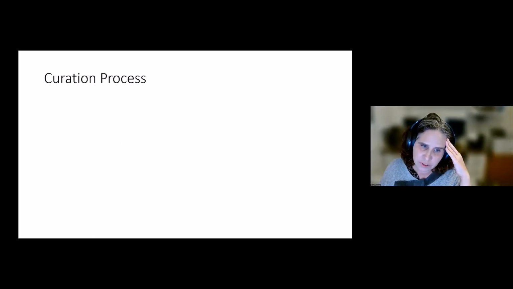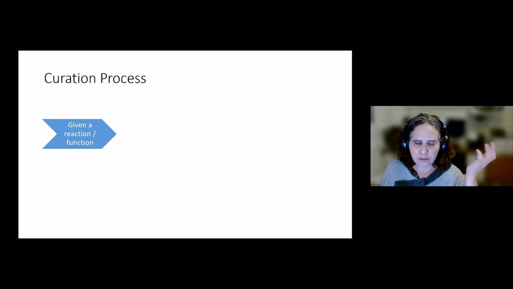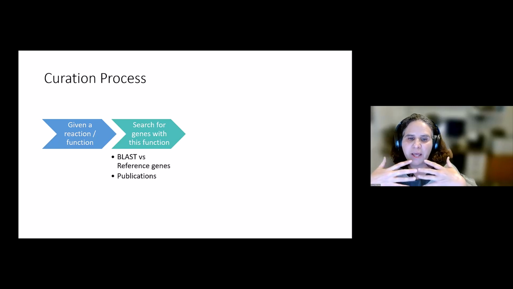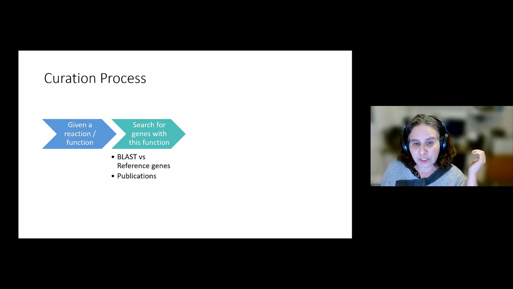What is the curation process? We start by selecting a reaction or a function that we're looking for. Then we look for genes with this function by blasting against reference genes and by looking at existing publications for Alteromonas and for others.